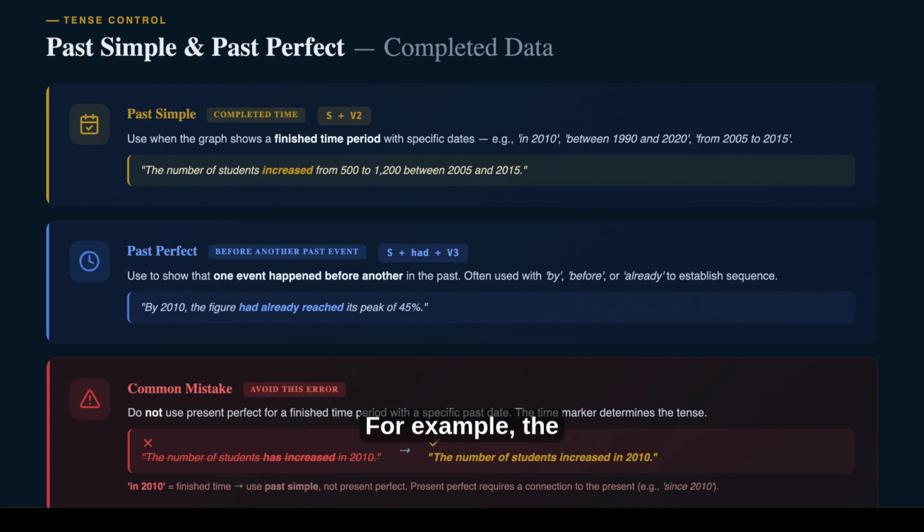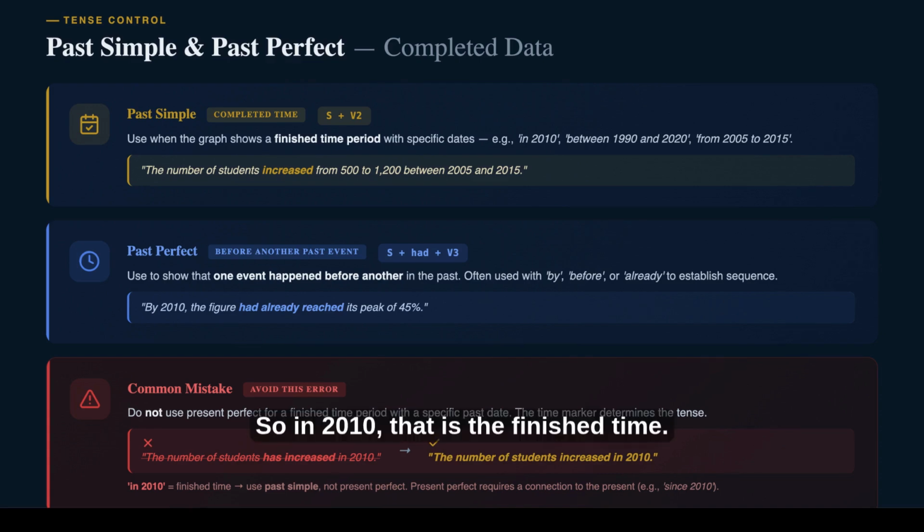Now, for example, the number of students has increased in 2010. Again, you use present perfect, it is not the right tense. So, what tense again? Of course, we use simple past tense. So, the number of students increased in 2010.